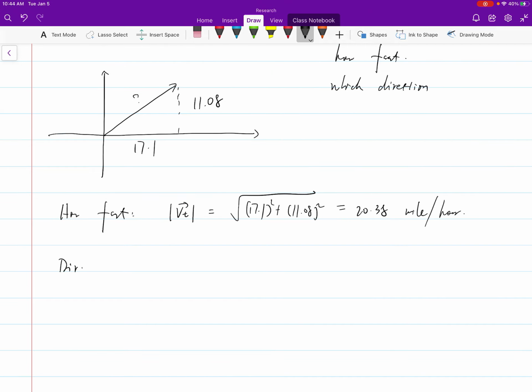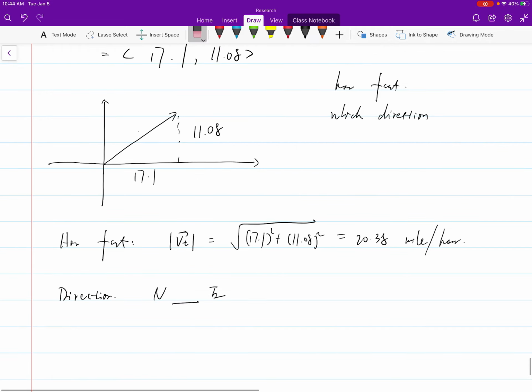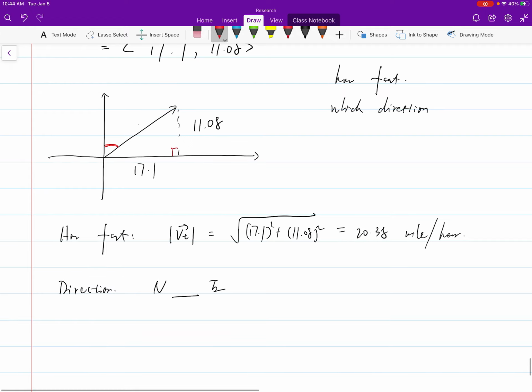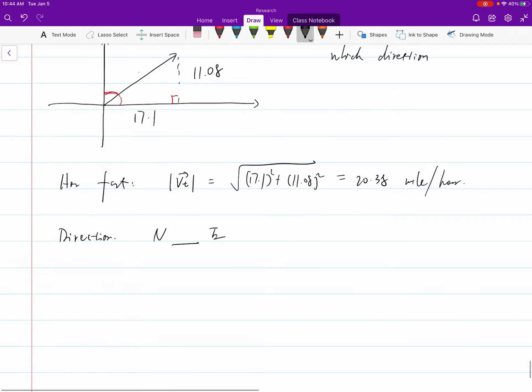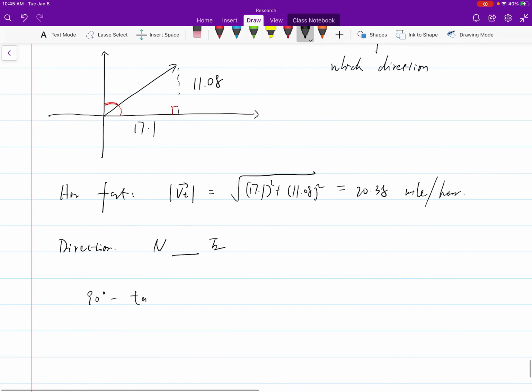Direction? Well, certainly we know it's northeast. We just don't know this number. And what is that number? That number should be this angle. Okay, so what can we do? We can do the right triangle and figure out this, and then use 90 degrees minus that. So the angle here is going to be 90 degrees minus tangent inverse.